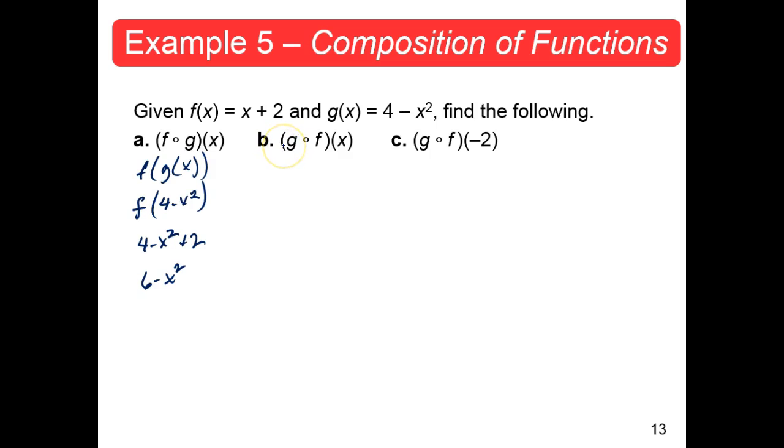What does g composed with f mean? What's that definition? G, parentheses, f of x, close, close. What do you do first? The innermost. So leave g alone for now and plug in what f is. What's f of x? X plus 2. And what does g tell you to do?